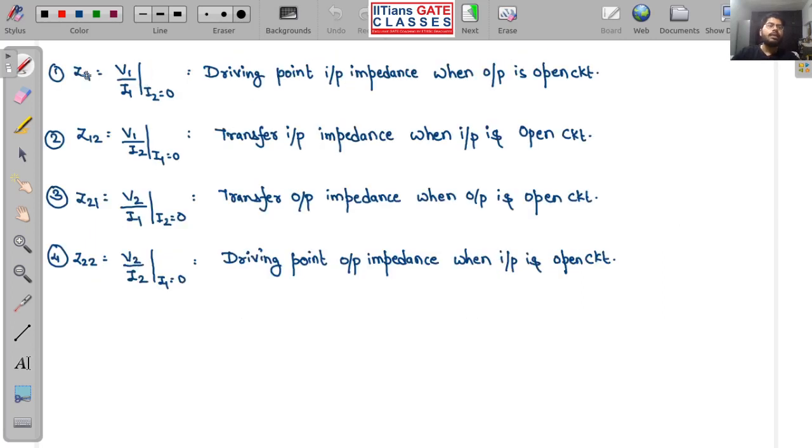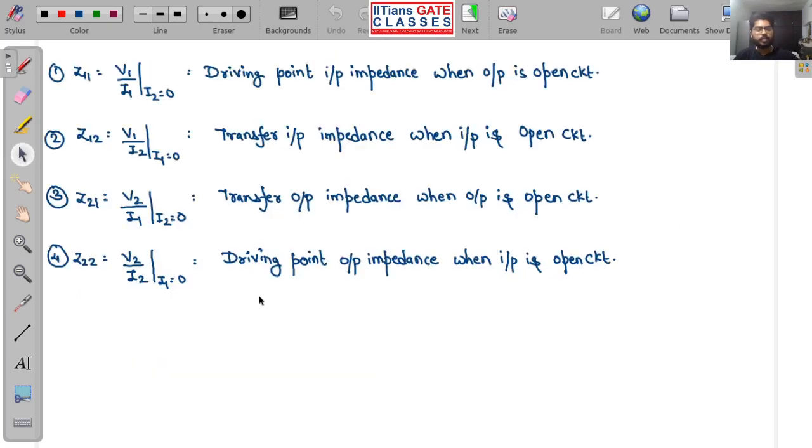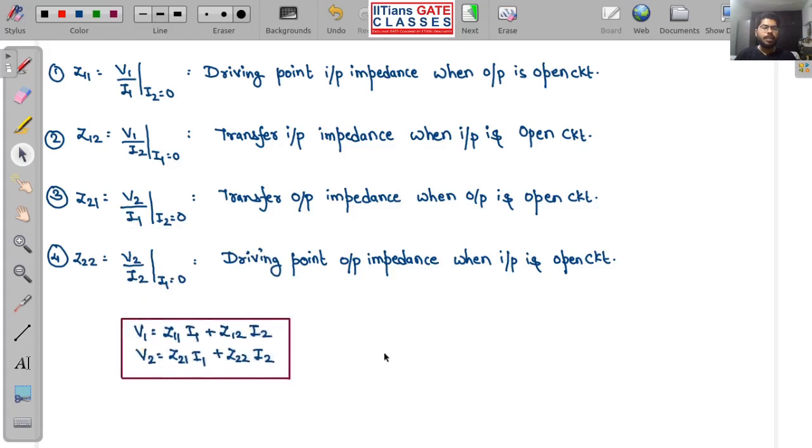So what are these Z11, Z12, Z21 and Z22? If I just copy down the Z parameter equations, V1 is equal to Z11 I1 plus Z12 I2. Is this a KVL equation or a KCL equation?